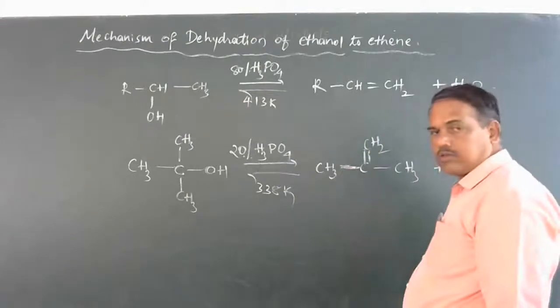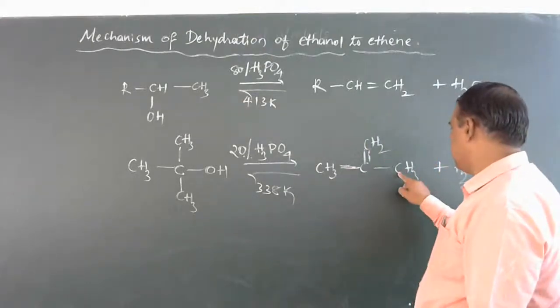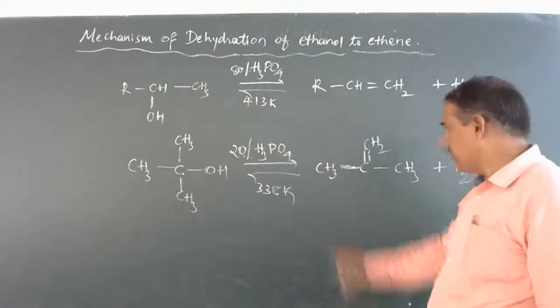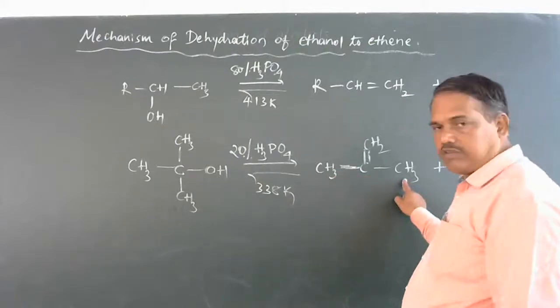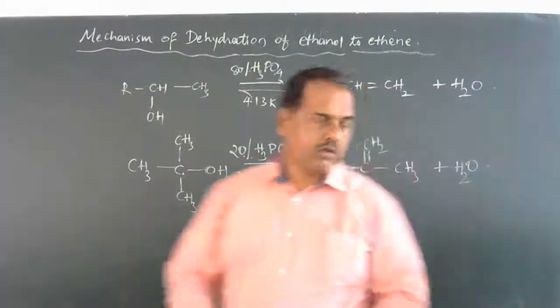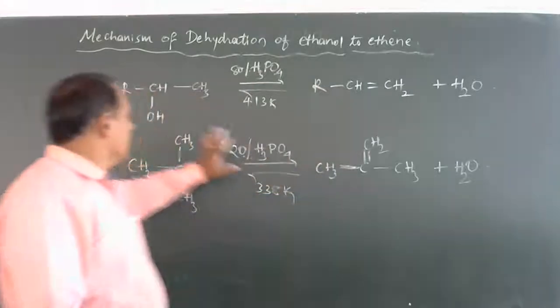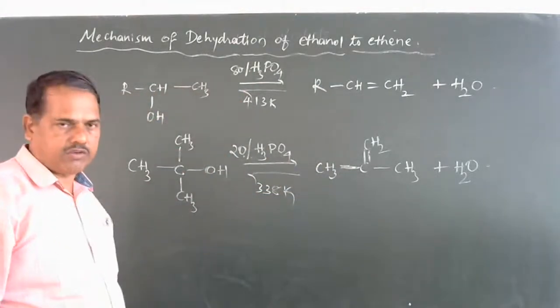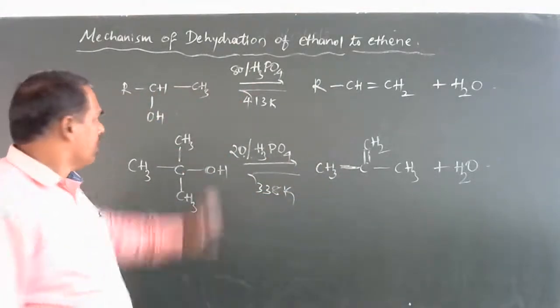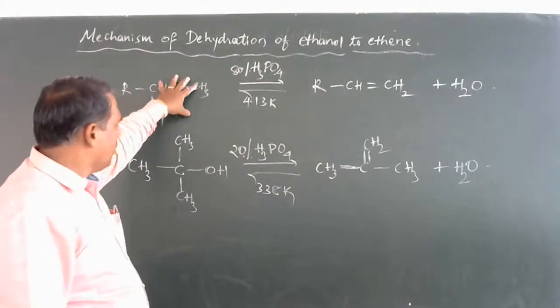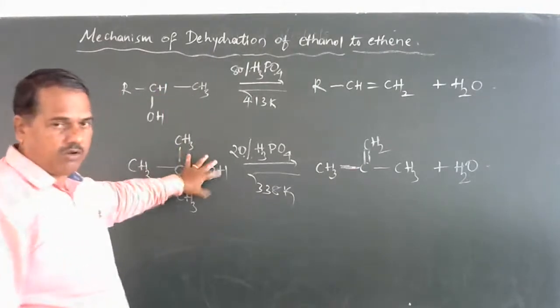1, 2, 3. Again CH3. So what is the name of this compound? It is nothing but propene. Okay. This is nothing but a dehydration reaction. Are you clear? Dehydration of secondary alcohol, dehydration of tertiary alcohol.